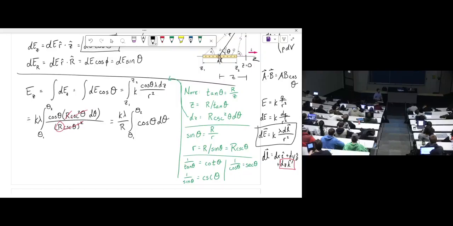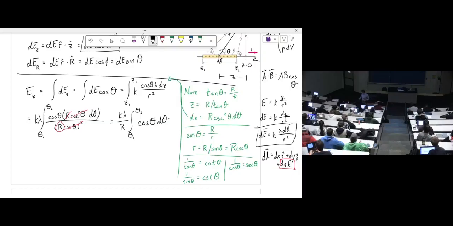So we have done a lot of trigonometry here to take a big scary integral that would be z over z squared plus r squared raised to the power 3 halves. So raised to the power 3, then square root. And I'm hoping, if you haven't brain dumped everything from Calculus 1, you know what the integral of cosine theta is. What is the integral of cosine theta? Sine theta. Okay, good.